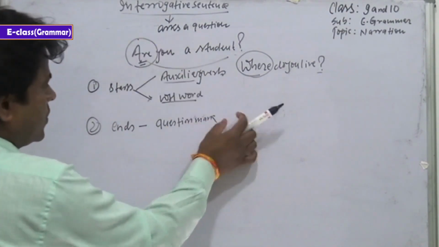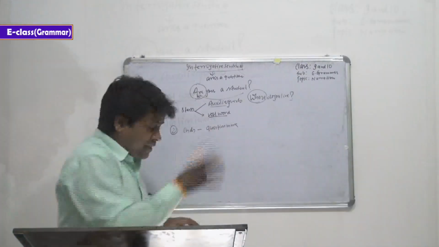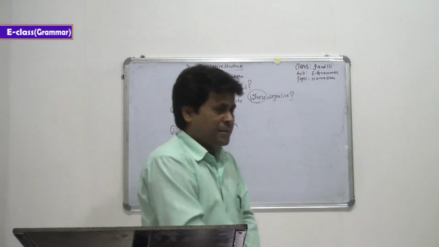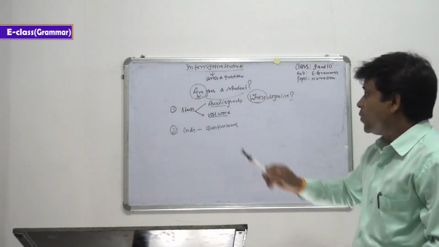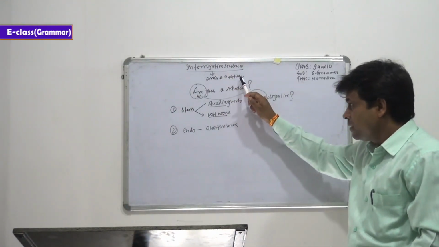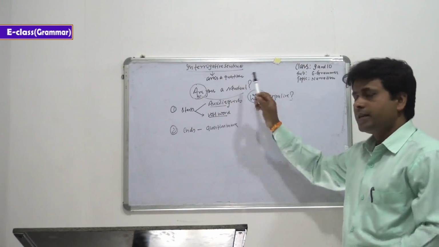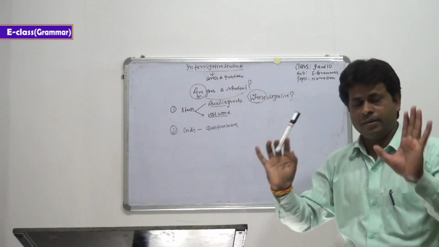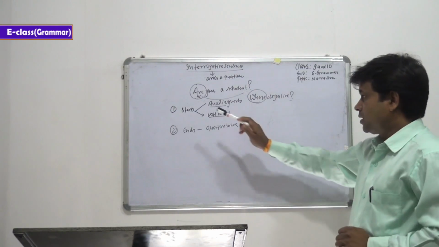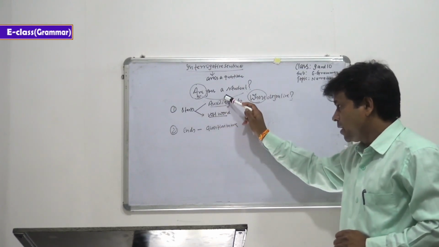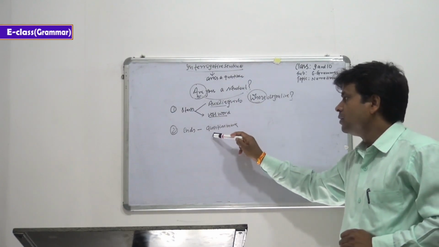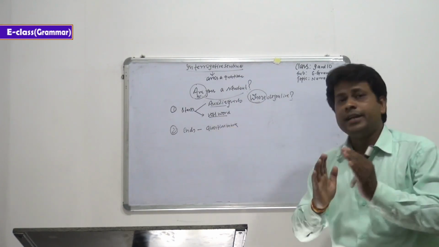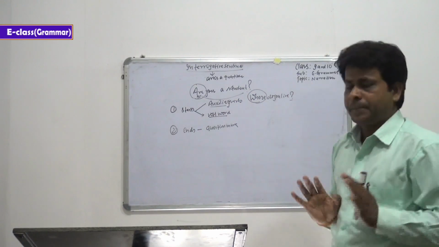Yes. So, now what is an interrogative sentence then? Then you must say the sentence which asks a question is an interrogative sentence. Next, it starts with an auxiliary verb or WH word, and ends with a question mark there.